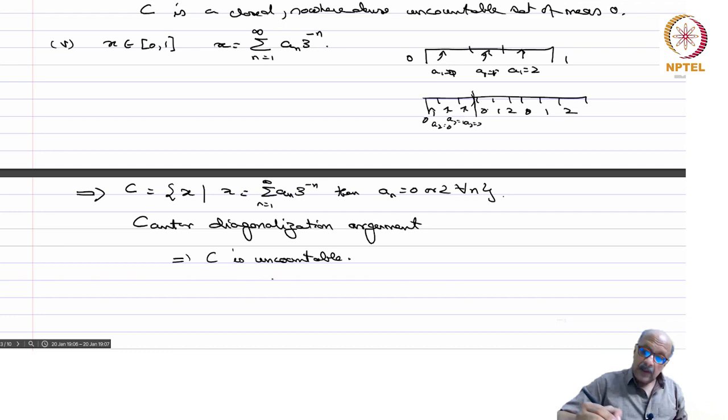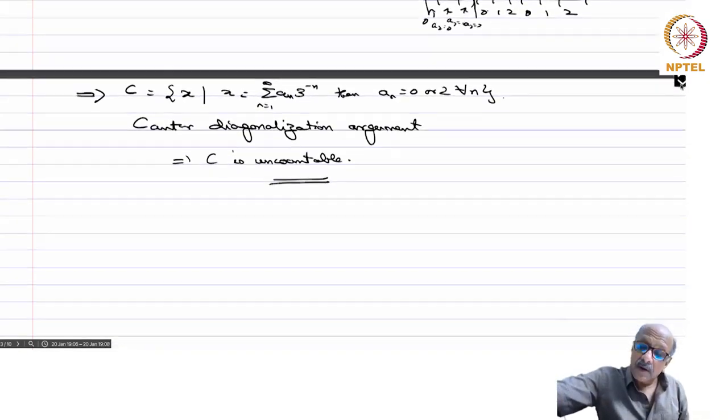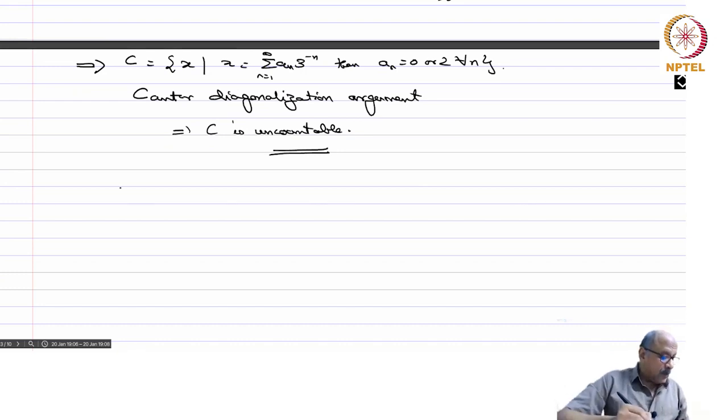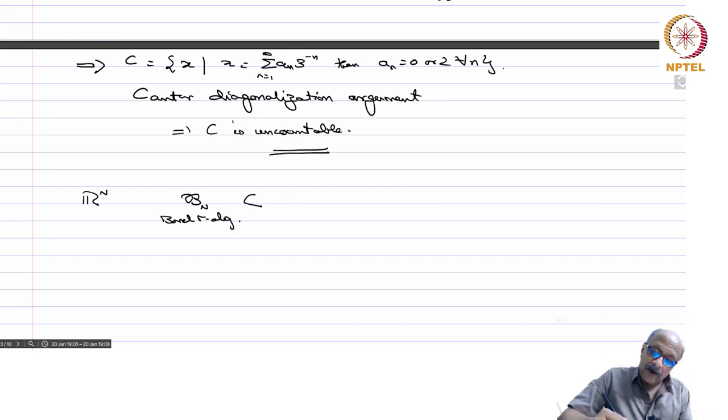Okay, so this is about that example. Now let us see where we have to go. If you are looking at R^n, then you have three distinguished sets. You have B_n, which is the Borel sigma algebra, and you have L_n, which is the Lebesgue sigma algebra.